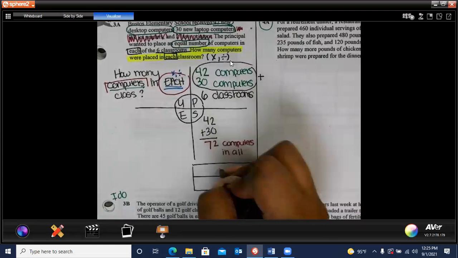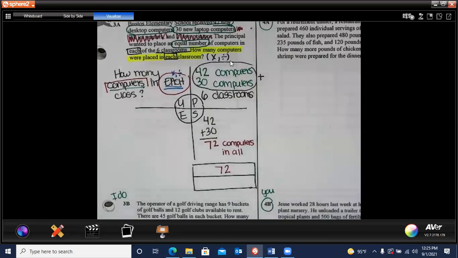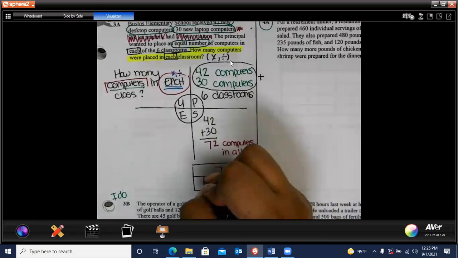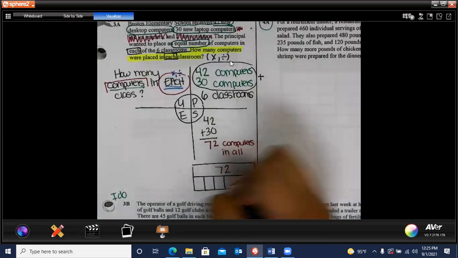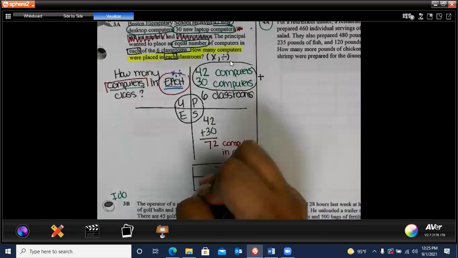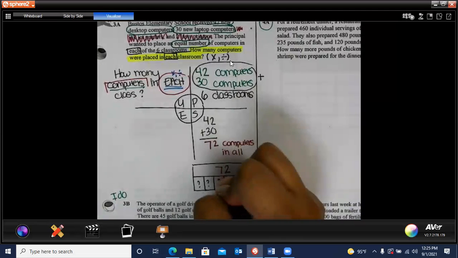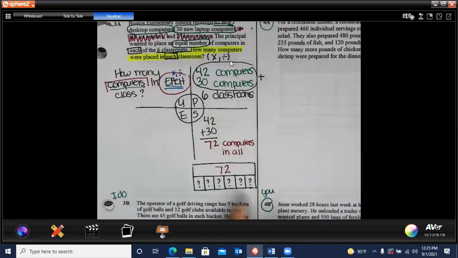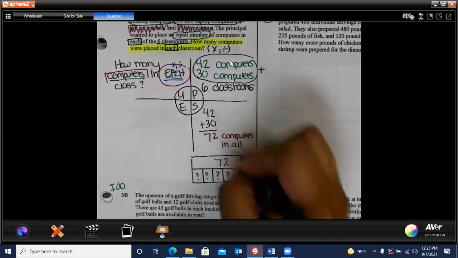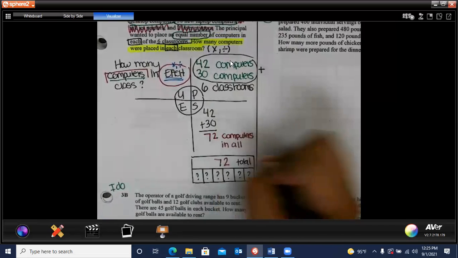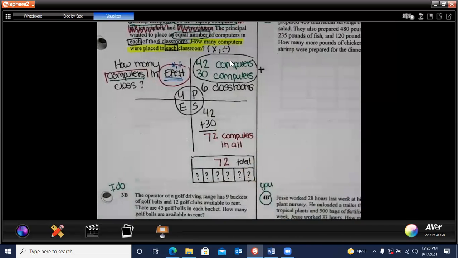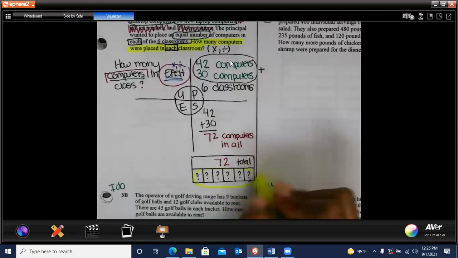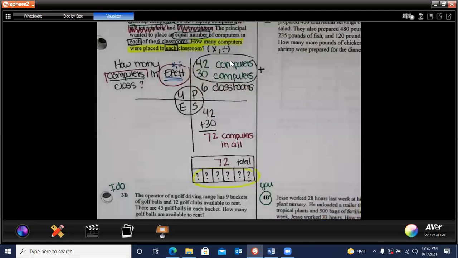We have 72 altogether. And we know that we have 6 classrooms. 1, 2, 3, 1, 2, 3, 4, 5, 6. So that is how our strip diagram looks. We have our total, but we're missing our bottom, which means we are going to divide.